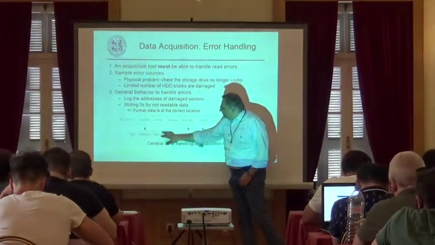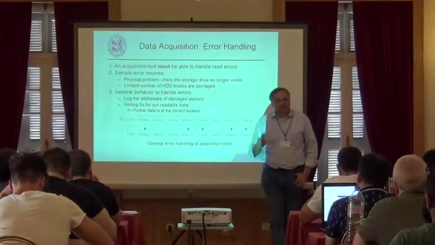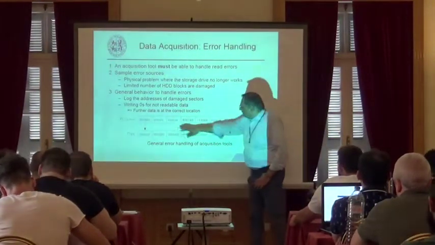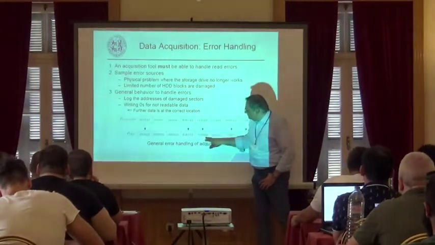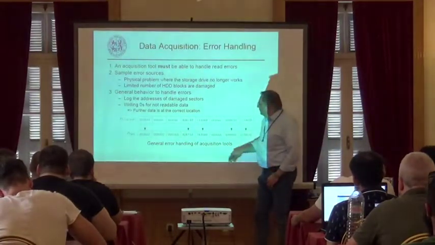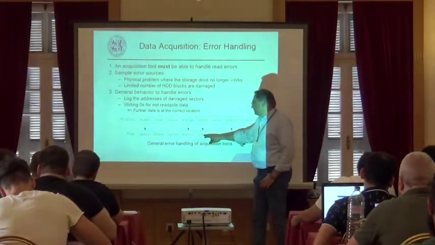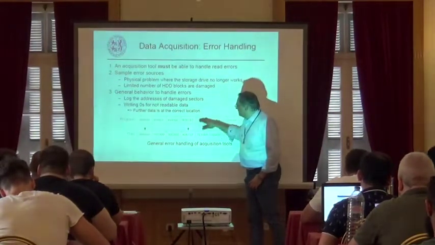The important thing is to save them in a way that we know that this sector is bad. But we also copy something there because we need to maintain the ordering. So even though we have 2 sectors that are filled with zeros, this is still the 5th sector in our copy, as in the original one.